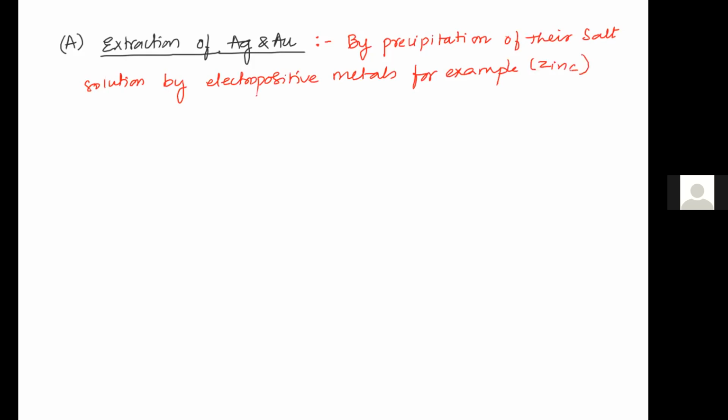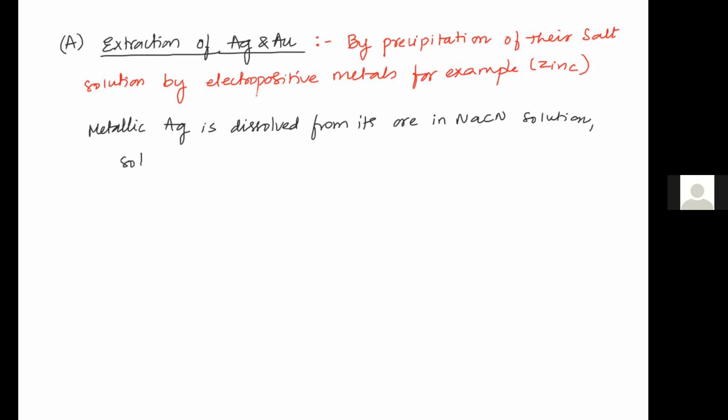So what happens first is the metallic silver is dissolved from its ore in NaCN solution. The solution obtained is treated with zinc, and Ag is precipitated.